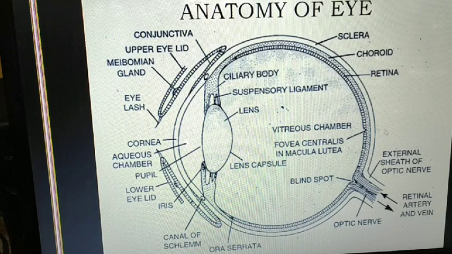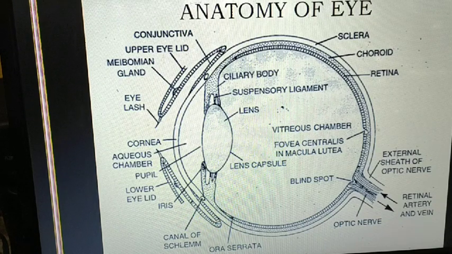and it demarcates the sensory part from the non-sensory part of the retina. The retina has a small yellowish area at the center, opposite to the cornea, known as macula lutea, which is also known as yellow spot.